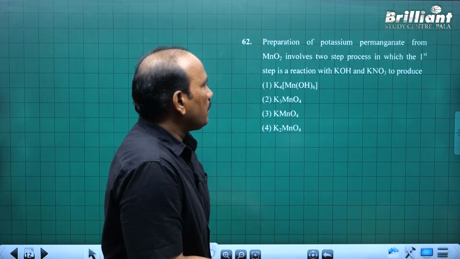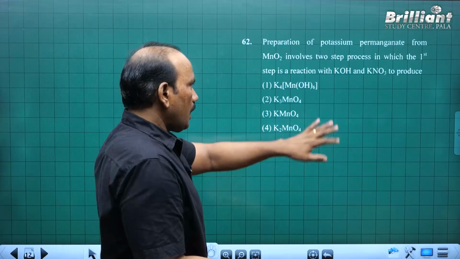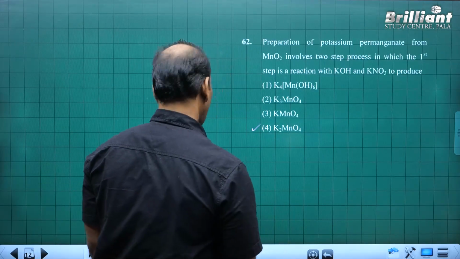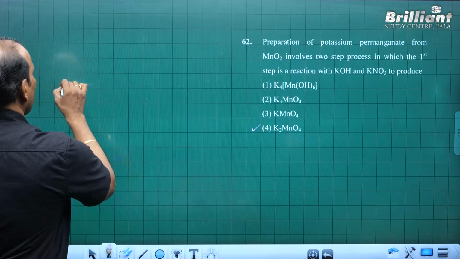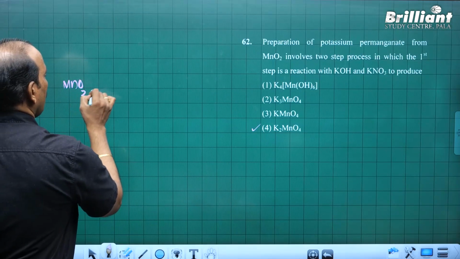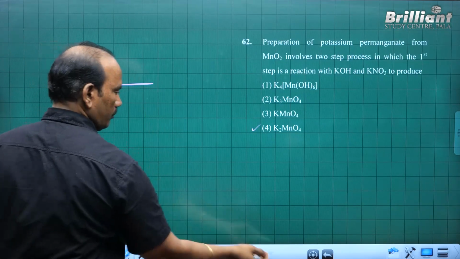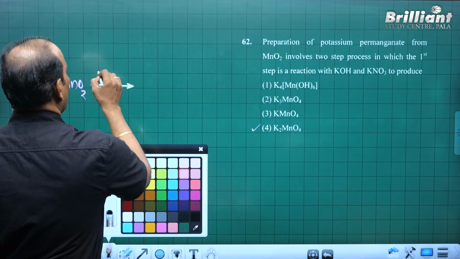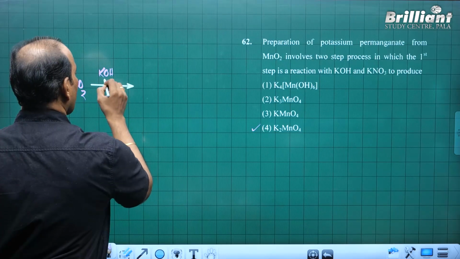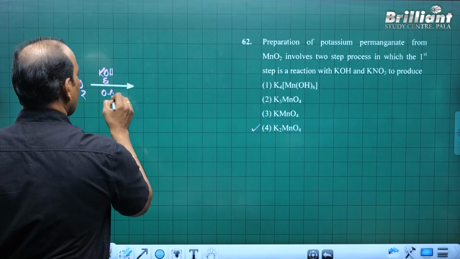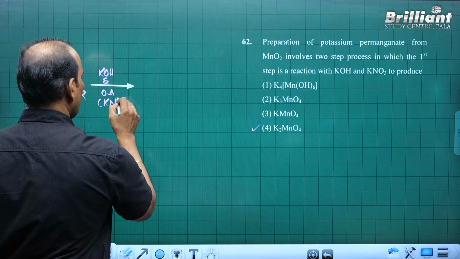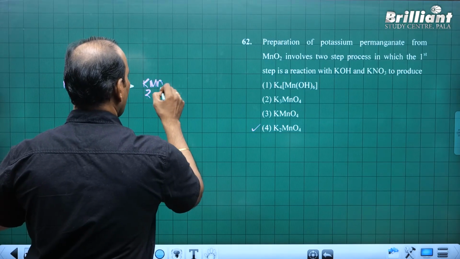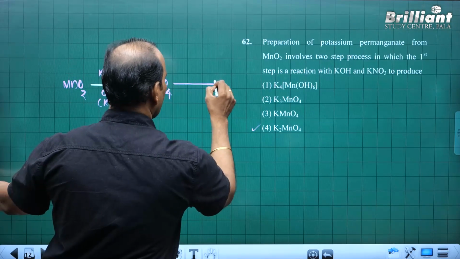In the first step, MnO2 is fused with alkali metal hydroxide and an oxidizing agent like KNO3 to get K2MnO4. That is step 1.